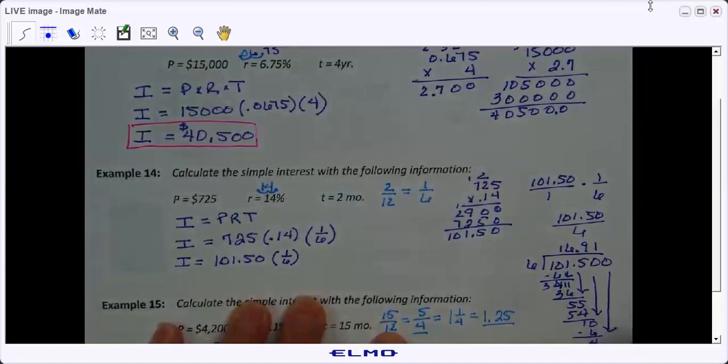Now I'm adding another 0 because we want to round it to the nearest dollar amount. So you have to go over 3 decimal places.